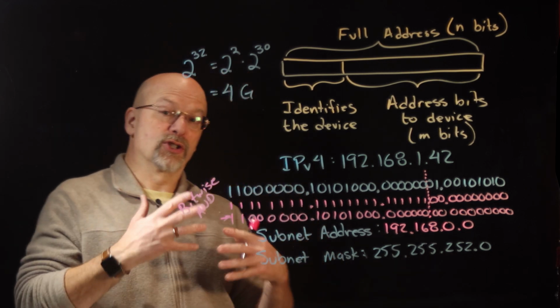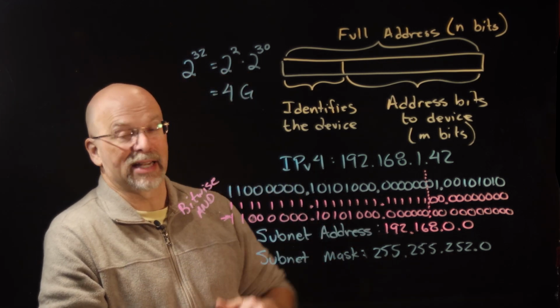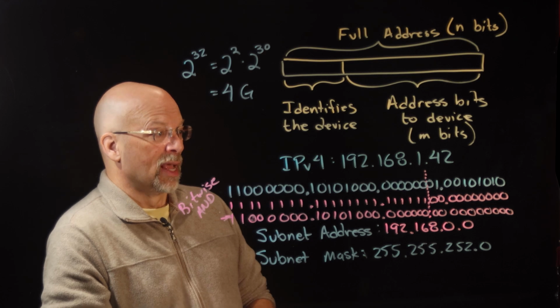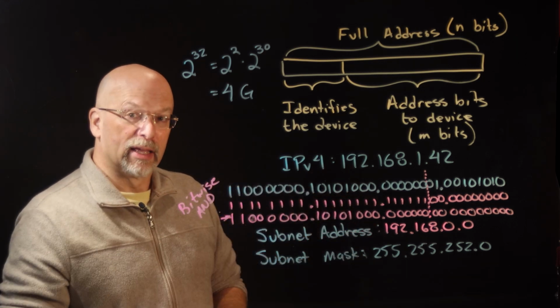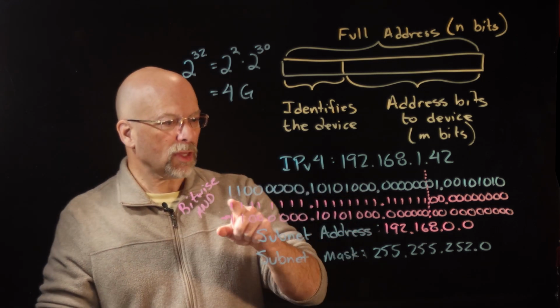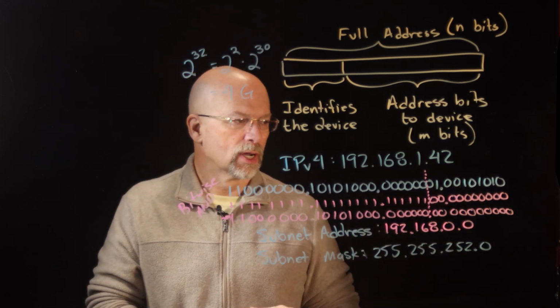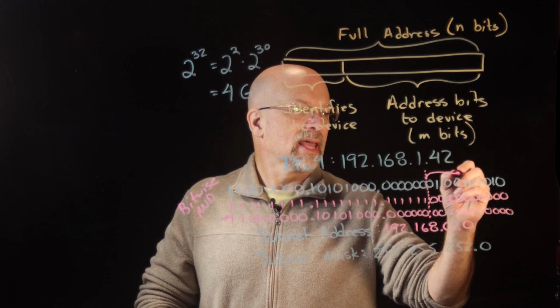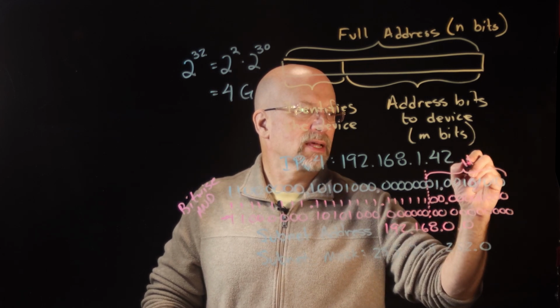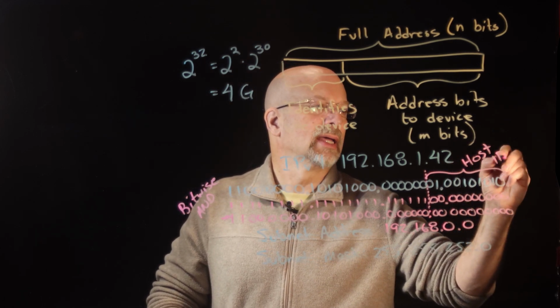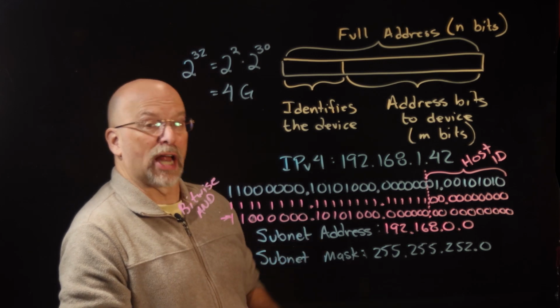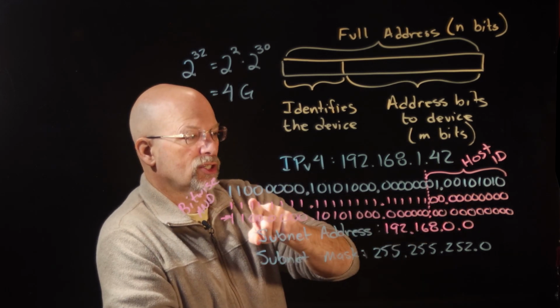If you wanted to refer to just the subnet, that's the address you'd get. Now, if you inverted the subnet mask so that there were all zeros up to this point and then ones for this portion, what you would get after doing a bitwise AND is something we call the host ID. And so the host ID itself is just all zeros.